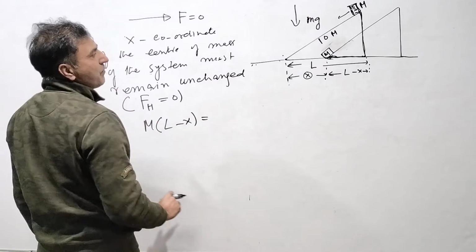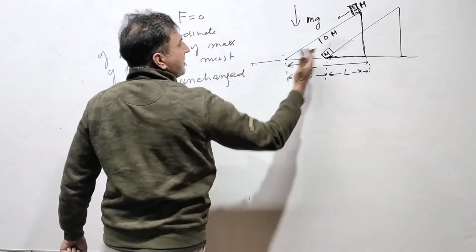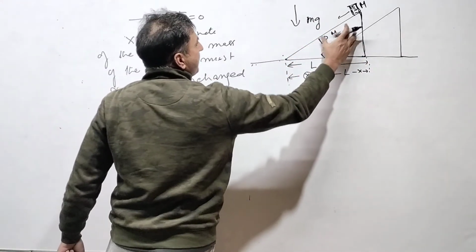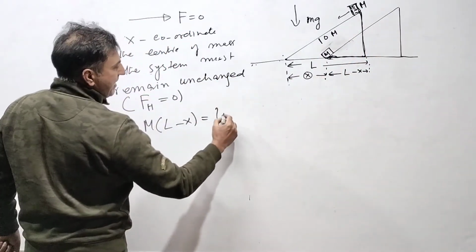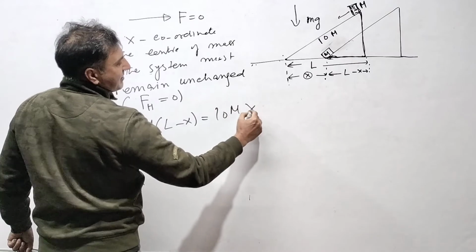That should be equal to 10m into how much it moved back. This incline block moved back x. So it is 10m into x.